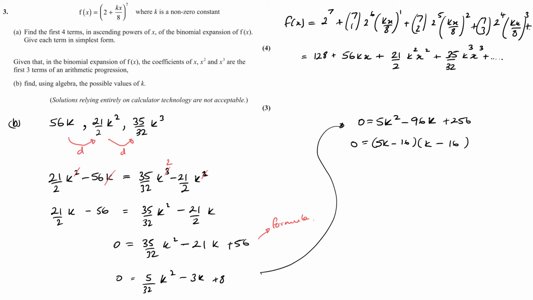So let's just check it. 5k squared, 5 times the minus 16 is 80, and the minus 16 there is the minus 96. And 16 squared is 256, so minus 16 times minus 16 is 256. So we get 5k minus 16 equals 0, so k equals 16 over 5. And then k minus 16 equals 0, so k equals 16.